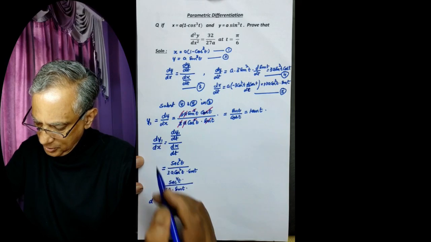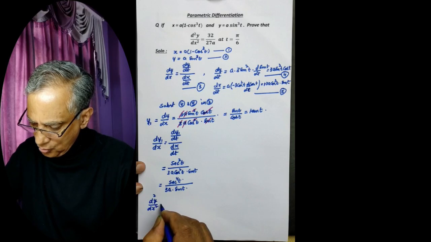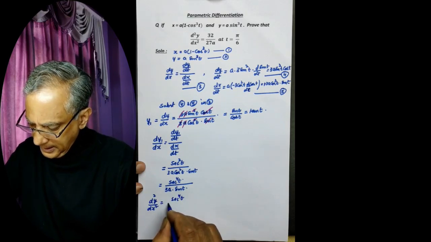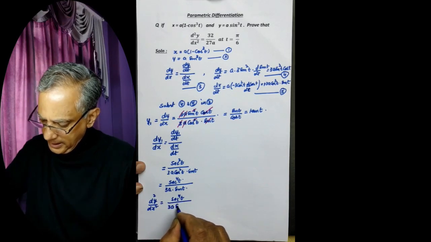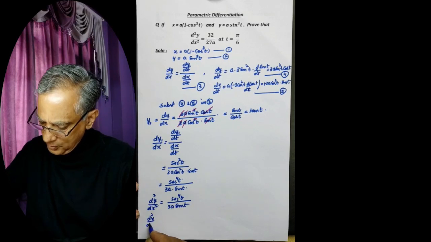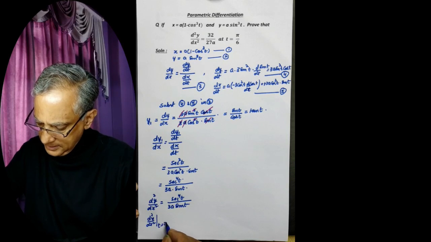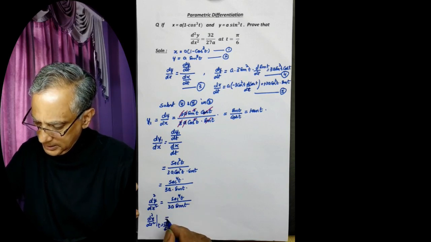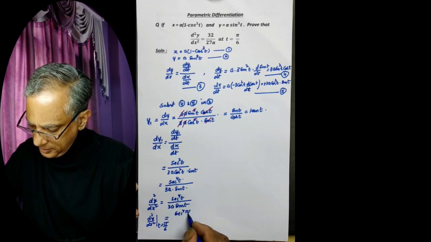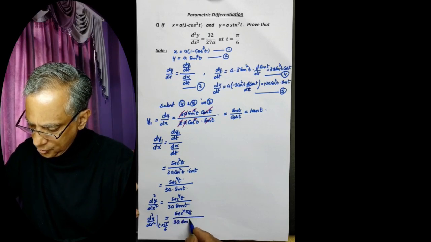So we write this as d2y by dx square is equal to secant 4t over 3a sine t, and d2y by dx square at t equal to pi by 6 is secant 4 pi by 6 divided by 3a sine pi by 6.